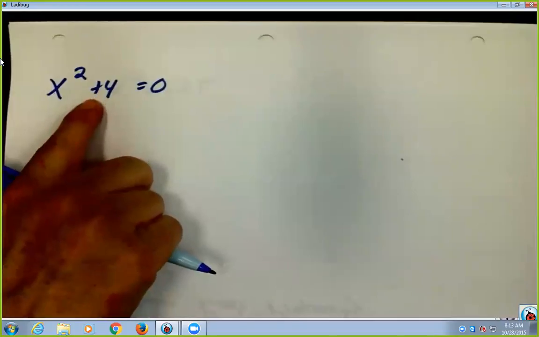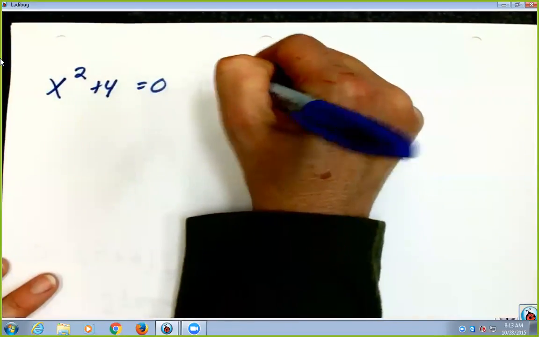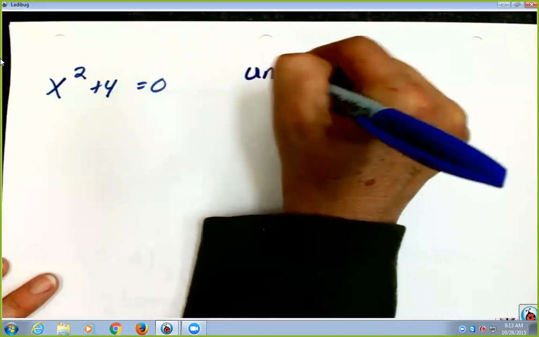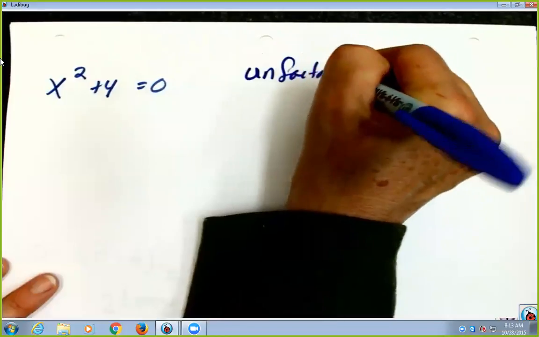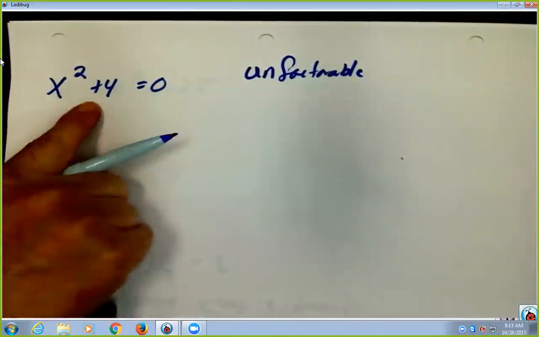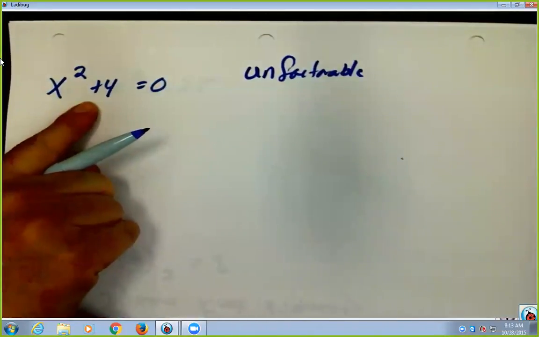Perfect squares on each end makes you think, oh, I can just write x minus 2 and x plus 2, but that's going to give me a negative 4 on the end. When we were in chapter 6, we said that this was unfactorable because I can't come up with factors that give me this.